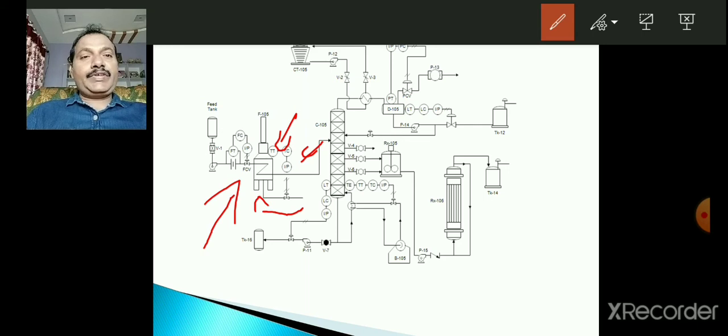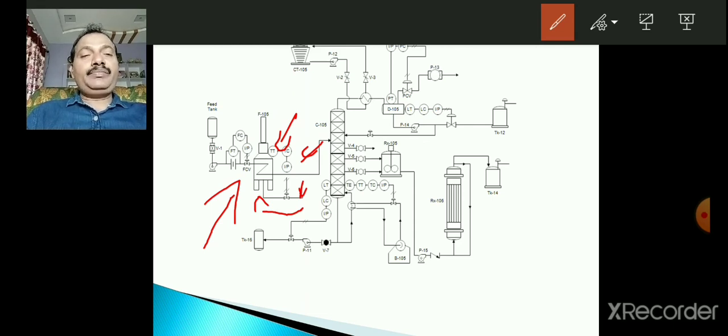It is fixed at the field level only, and a current to pressure converter. Then this pneumatic signal is applied to the control valve here, so that the heating steam that is flowing into the heater is regulated like this.